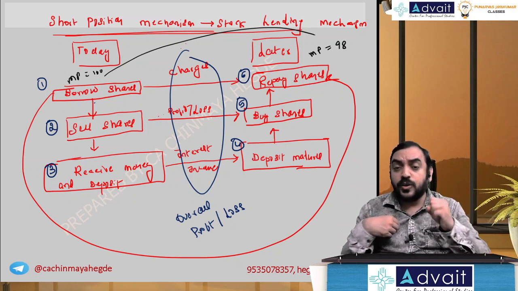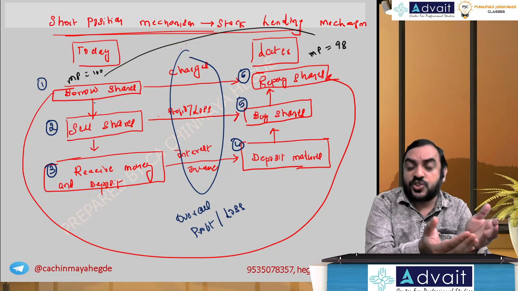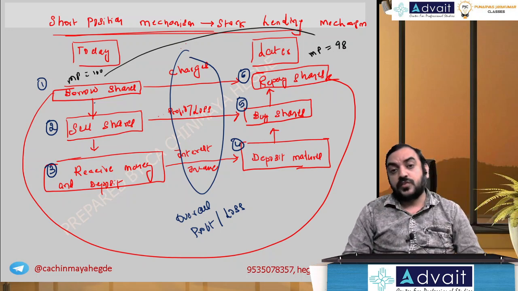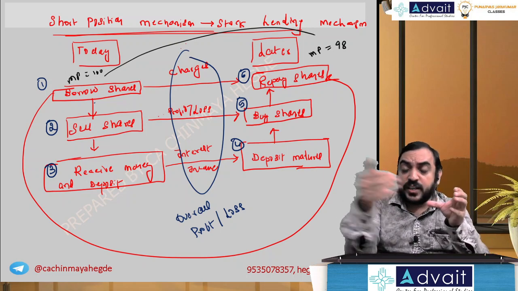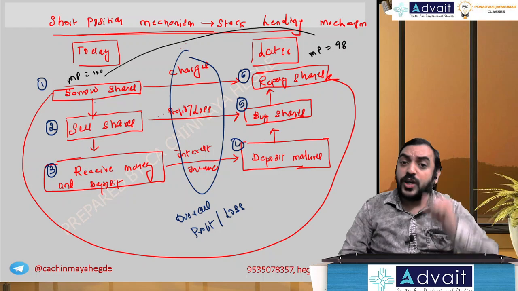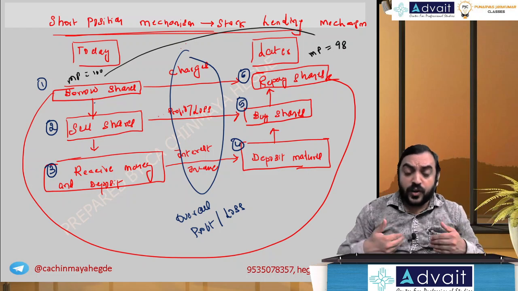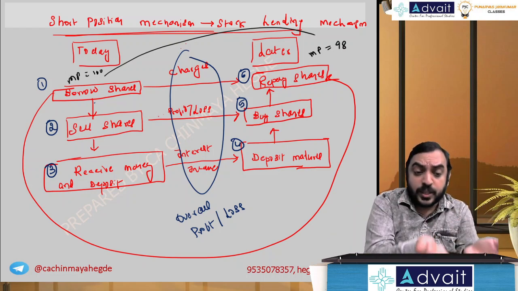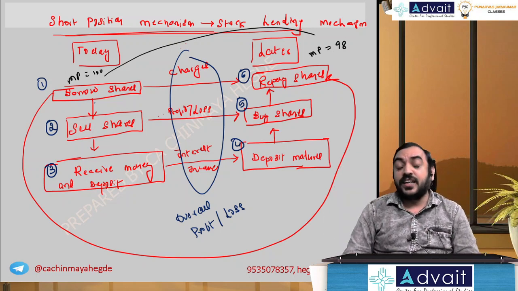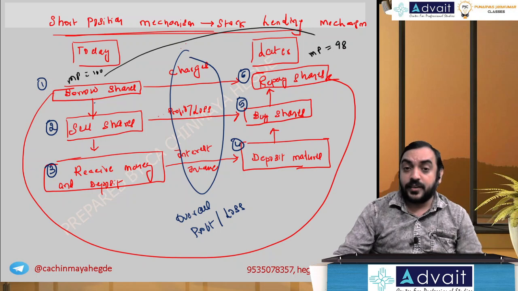I repeat once more. I am lending the shares to you. You give the shares back to me, let's say after 3 months. In those 3 months, if the dividend is paid out, if I was the shareholder, I would have received it. But because I gave it to you, I lost the opportunity of receiving dividend, which needs to be compensated.